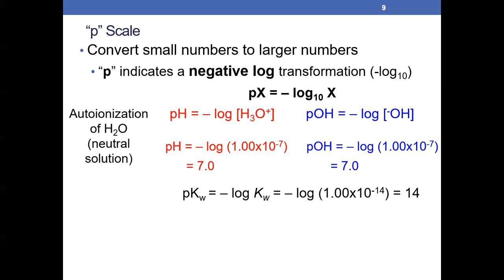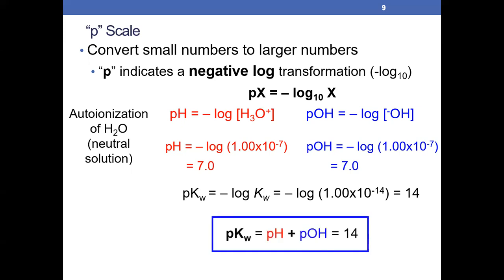We can re-express this in this relationship here. Instead of using Kw and Ka and Kb, we can write this utilizing logs, moving away from scientific notation to whole number values. pKw is going to equal the pH plus the pOH. So at neutral solution, 7 and 7, it's going to equal 14.